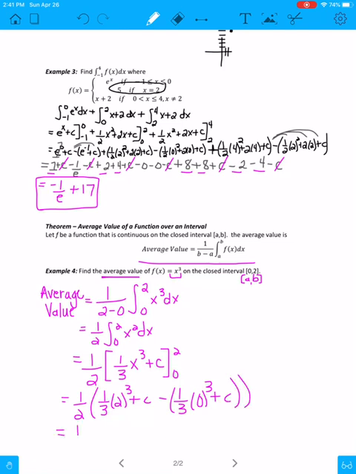So we get 1/2 times 8 over 3 plus c minus 1/3 times 0 is 0 minus c. So I'm going to get 1/2 times 8/3. 1/2 times, oh, dagnabbit, it's to the 4. I went down. Well, isn't that disappointing?